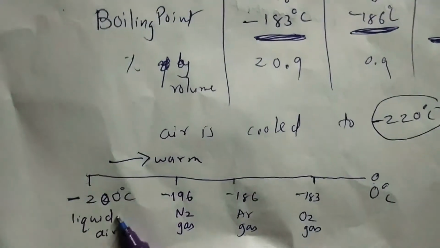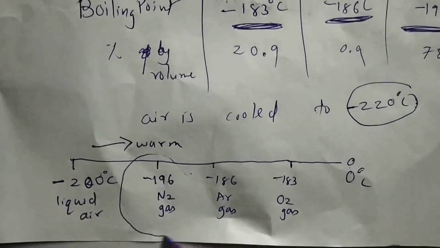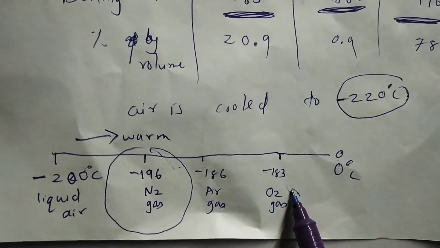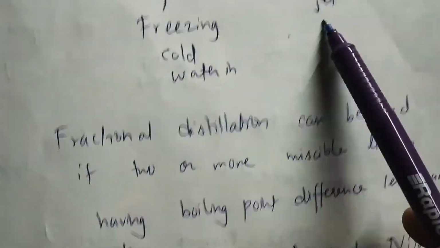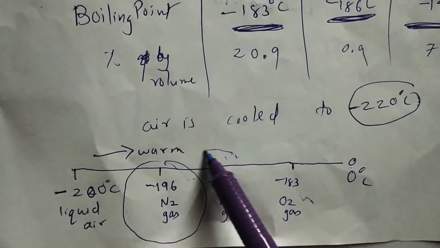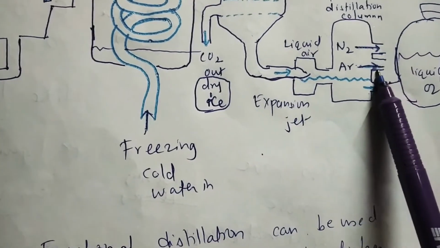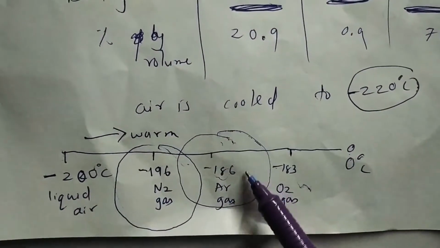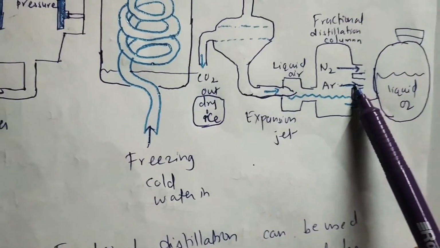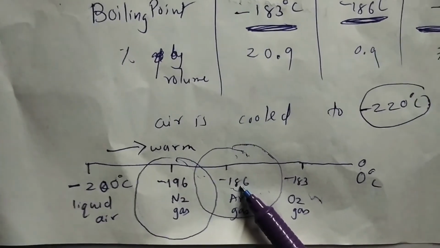So moving from -200 to -196, nitrogen will be in gaseous state, but these two are still in the liquid state. And again on increasing the temperature to -186, argon gas comes out in a gaseous state, and both nitrogen and argon will be gaseous, because the boiling point of nitrogen is -196 and that of argon is -186.